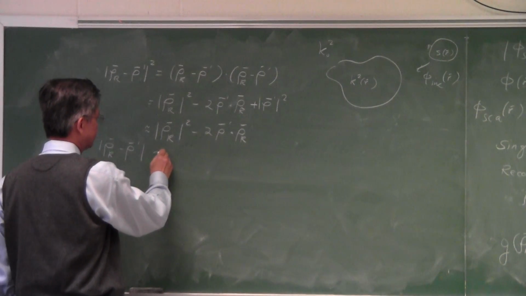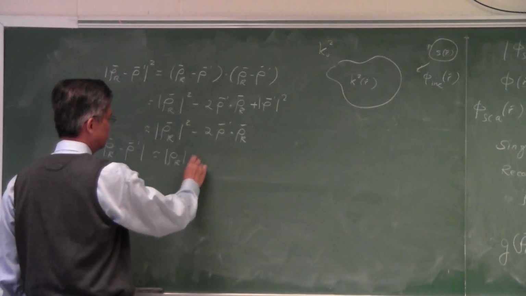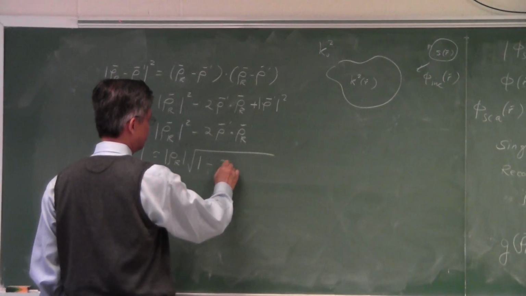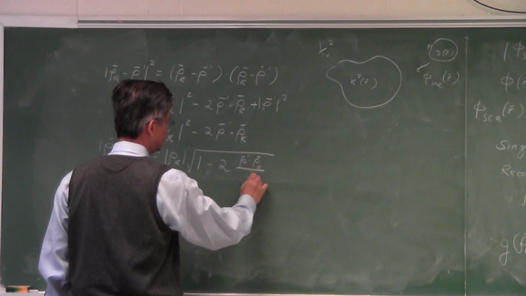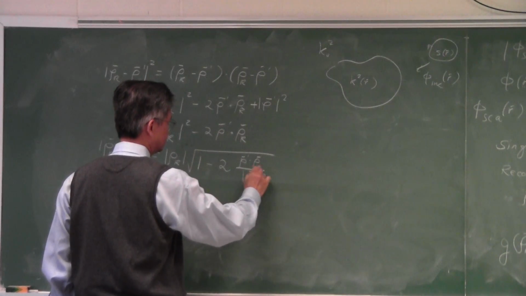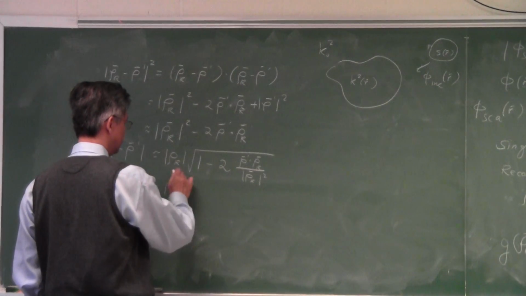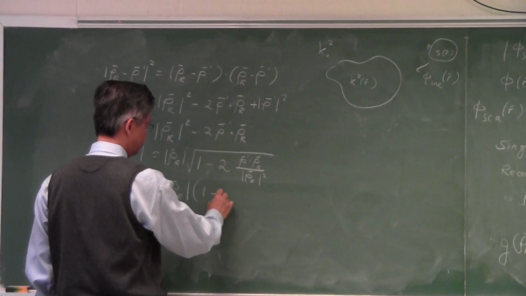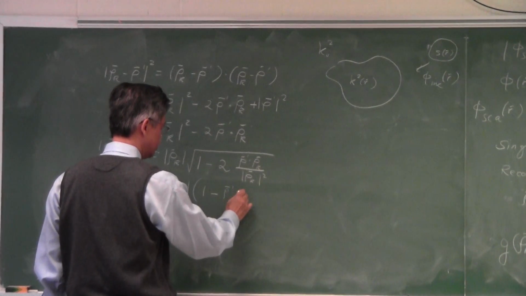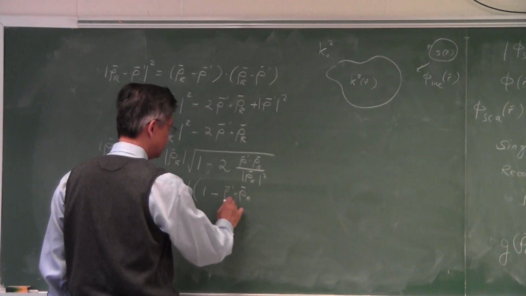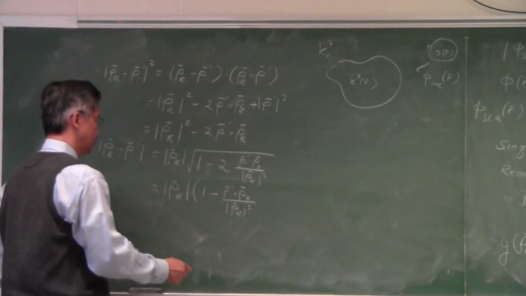If you take the square root of this, then you will have rho r times the square root of 1 minus 2 rho prime dot rho r over rho r squared. And then if you take another approximation, this will be rho r times 1 minus, if you use the binomial expansion, this is the binomial expansion.